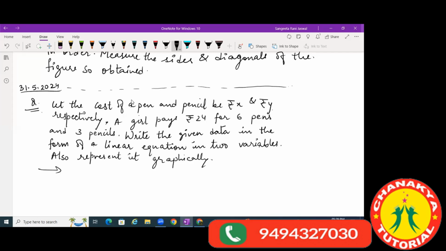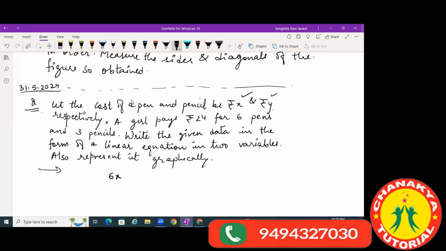So look here, the cost of a pen and a pencil is already given in the question as rupees X and Y. So the 2 variables are already given to you. A girl pays rupees 24 for 6 pens. Pens are X, so 6 pens is 6X.